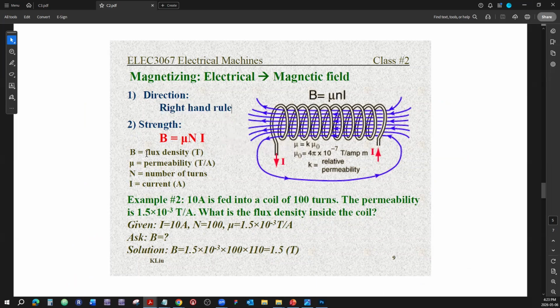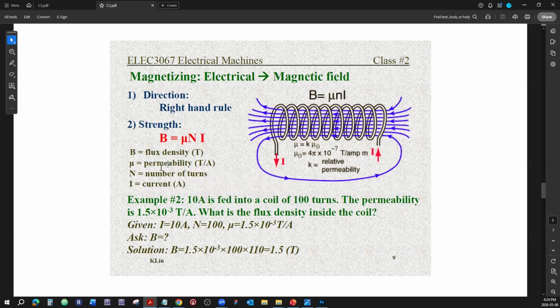All right, so flux density we designate with the letter B, and we measure it in Teslas. Now here is the permeability, Teslas per amp. Maybe I should give you another short lesson on the concept of permeability.